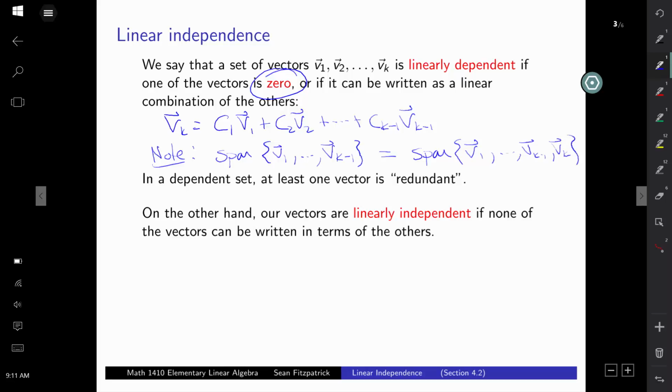Adding that vector in does not add to the span, right? Anything that can be written as a linear combination of all of these could be written as a linear combination where we don't bother to use that last vector. So the vector vk is redundant if we're interested in generating subspaces using linear combinations. We don't really care about that last vector, so we could always throw it away.